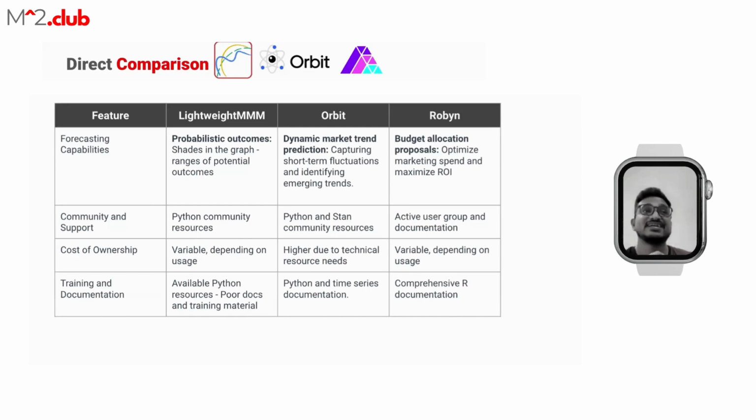But Orbit needs more money to run because we need a technical resource, and technical resource is very expensive, I think. And training documentation, as I said, Robyn has a good one. I think in the last three, Robyn is performing very well. And Lightweight doesn't have good documentation. I mean, it's not up to the mark. It's very difficult to find documents.